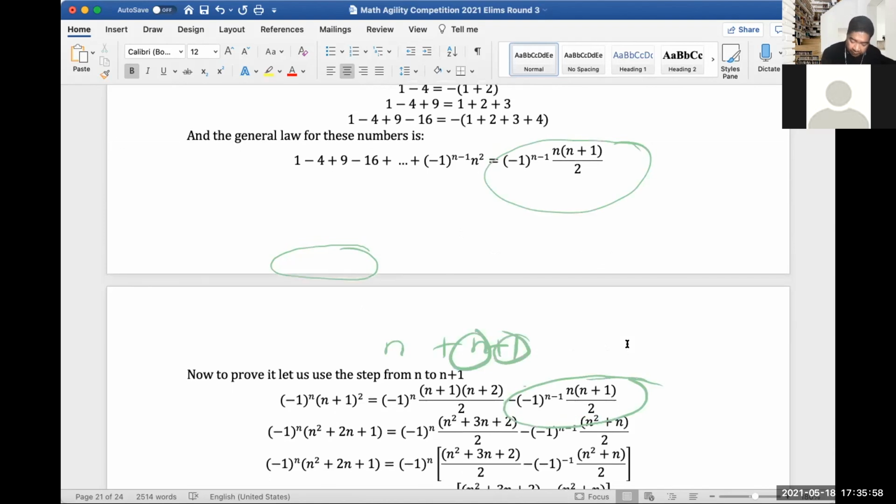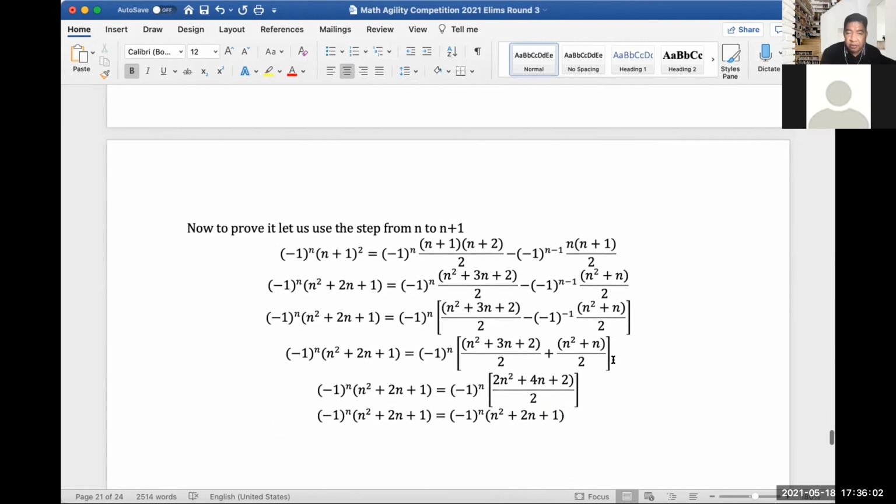So, expanding the equation, n squared plus 2n plus 1. And also here on the right-hand side, we expand the equation and then factor out negative 1 to the n, and then combine everything inside the bracket, which is this.